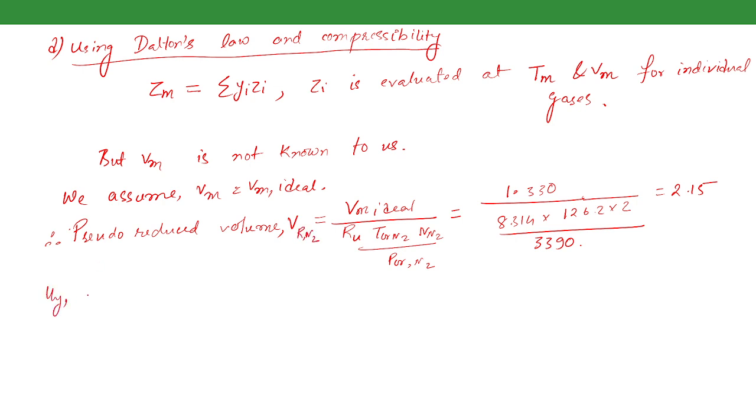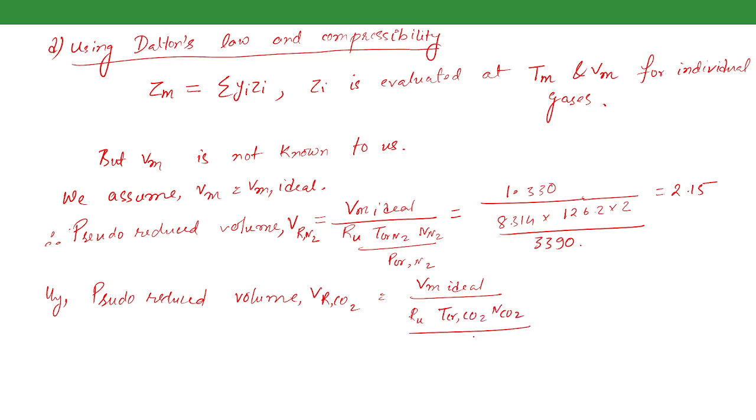Similarly, the pseudo reduced volume for carbon dioxide, that is V_R CO2, will be the same: V_m ideal by the universal gas constant, the critical temperature of carbon dioxide, number of moles of carbon dioxide, and the critical pressure of carbon dioxide.